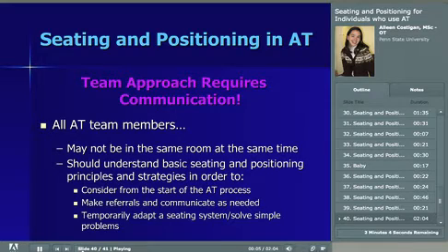A team approach has been emerging in assistive technology and in healthcare and education in general. This approach allows disciplines such as occupational and physical therapy, speech-language pathology, education, medicine, etc., to collaborate with each other and with individuals who use assistive technology and their families for the good of service provision.